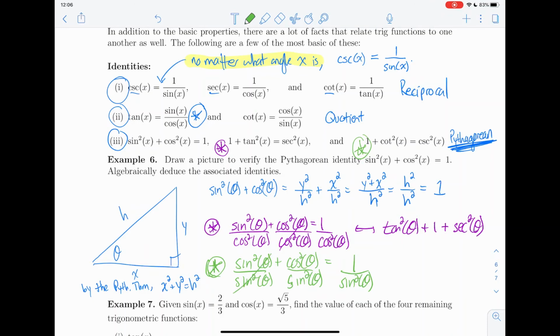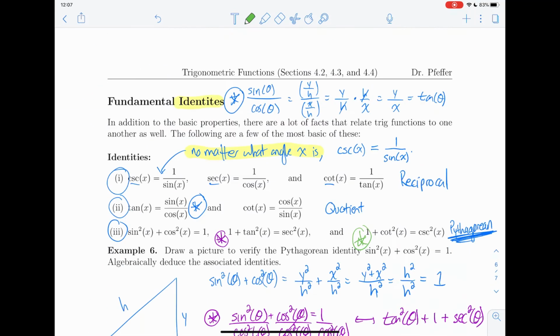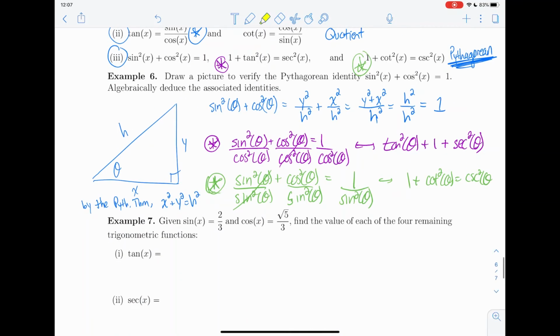Now the sine squareds will cancel, and I'll be left with 1 plus, not tangent, but this time cotangent squared. And then on the right-hand side, I'll end up with a cosecant squared, which is exactly the identity that I wanted to prove.